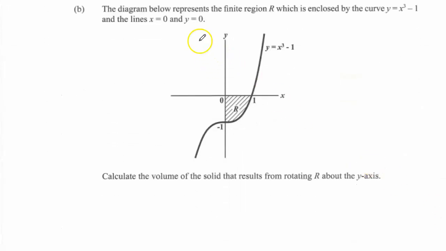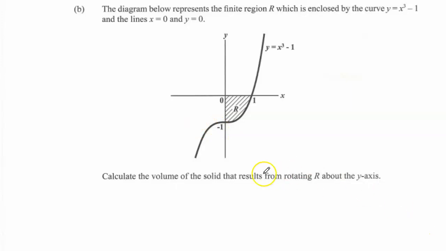Part B, the diagram below shows a finite region R, and we can see R shaded here, which is enclosed by the curve y equals x cubed minus 1, the lines x equals 0, y equals 0. Calculate the volume of the solid that results from rotating R about the y-axis.